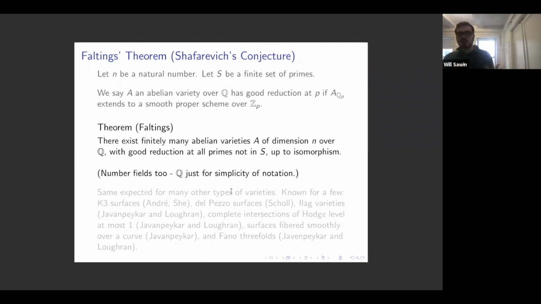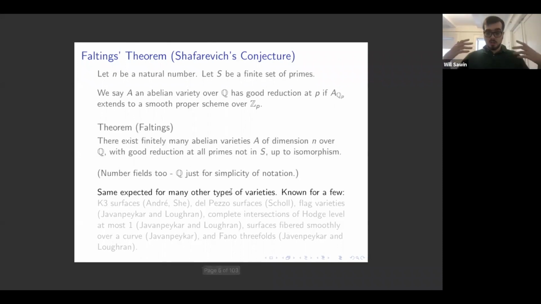After Faltings proved this, people started thinking about other classes of varieties where we could hope to prove a similar statement, that there are finitely many with good reduction outside a fixed finite set of primes. And this is now known in a pretty sizable number of different cases.